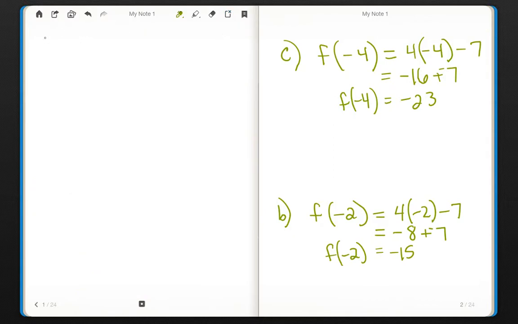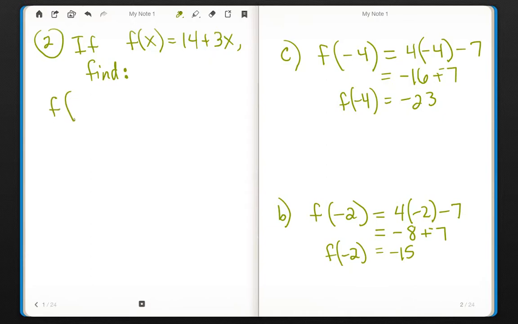This will be our number 2. And so let's say f of x is equal to 14 plus 3x. Now notice it's not the same function anymore. Before it was f of x equals 4x minus 7. Now it's a different function, f of x equals 14 plus 3x.